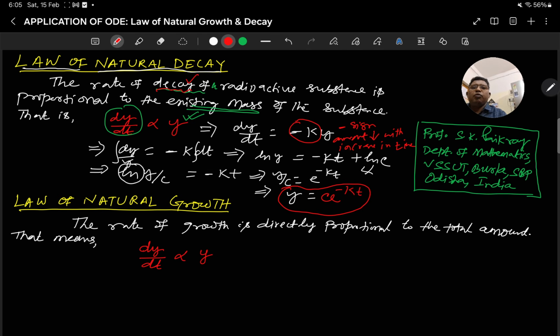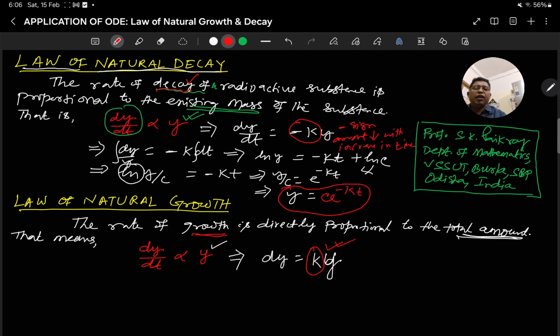Likewise, coming to the law of natural growth. The total amount present is y. So dy by dt is likewise proportional to y, but here the constant of proportionality is positive. Dy by dt is equal to ky. Here the sign is plus k, because we are talking about the growth.